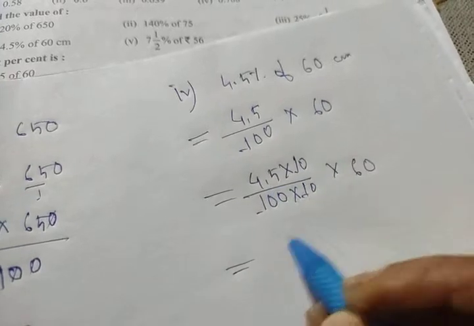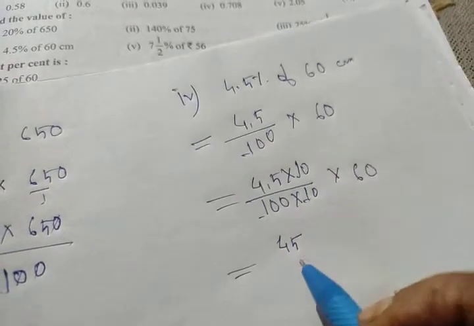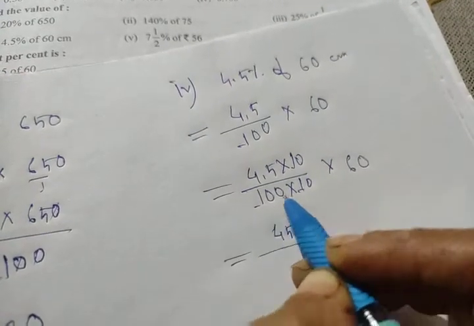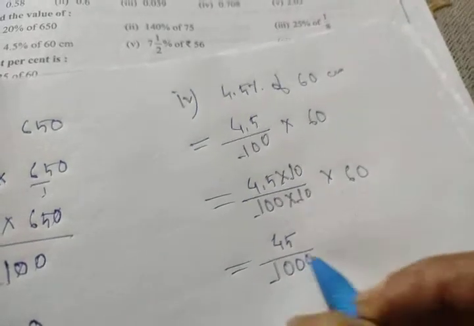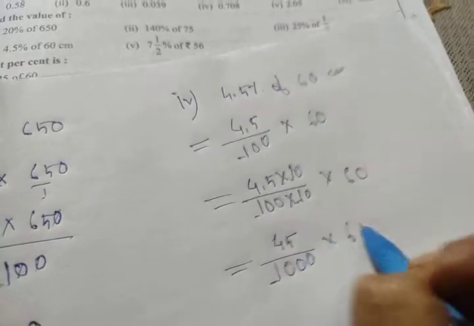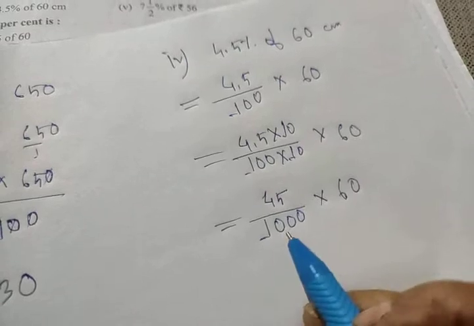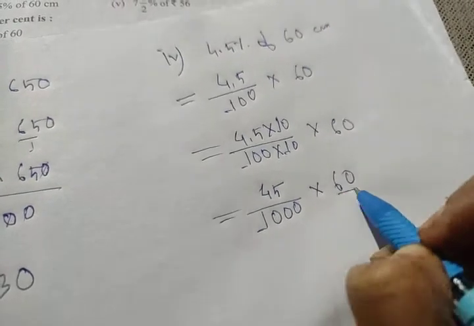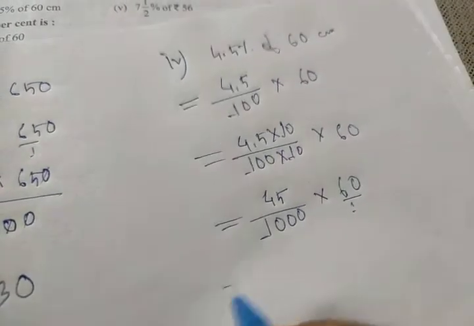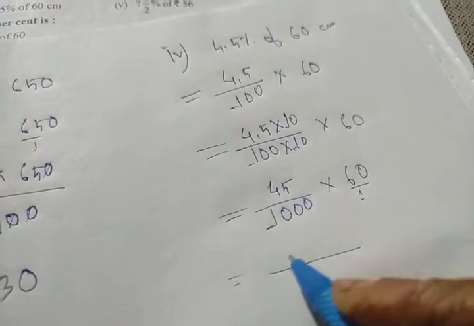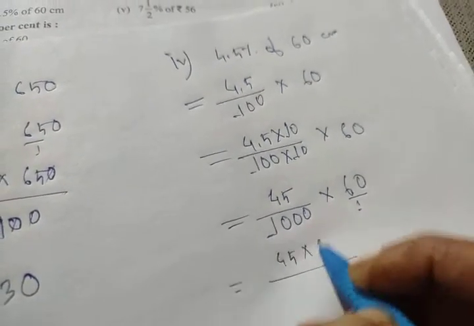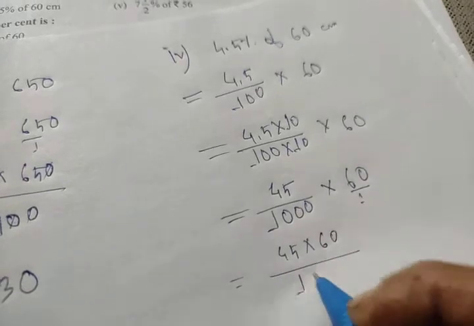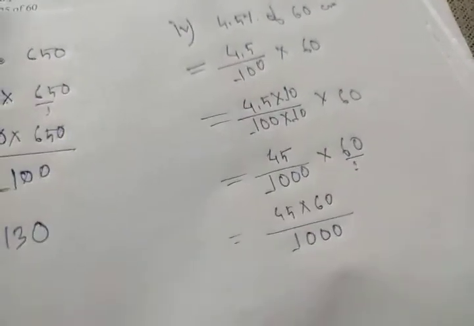Now 4.5 into 10 becomes 45 by 100 into 10, 1000, into 60. Again fraction multiplied by whole number, nothing there, that means 1. So 45 into 60, and 1000 into 1, it will be 1000.